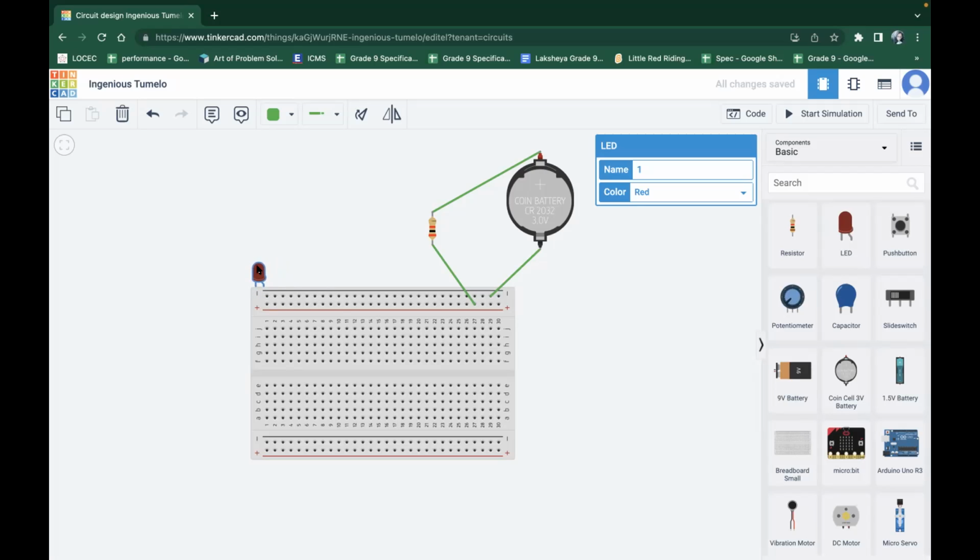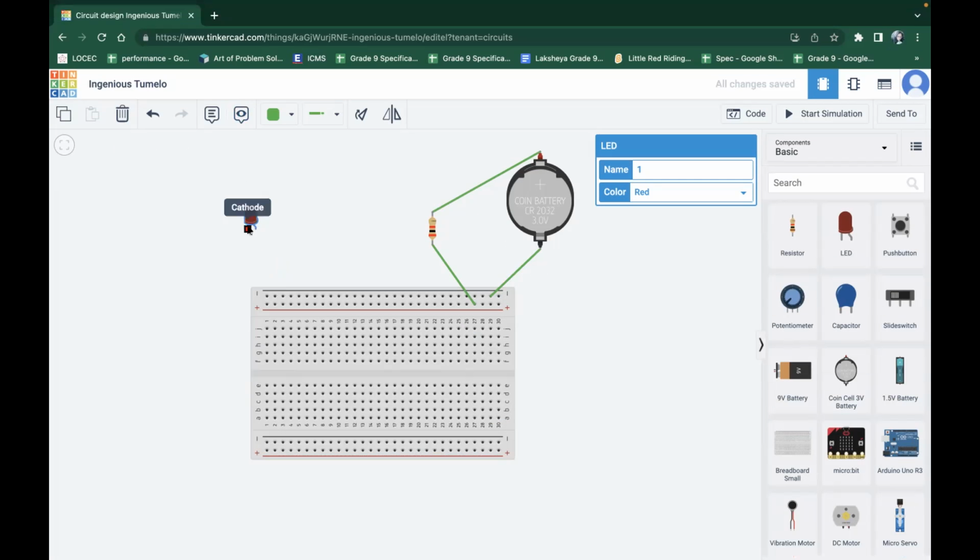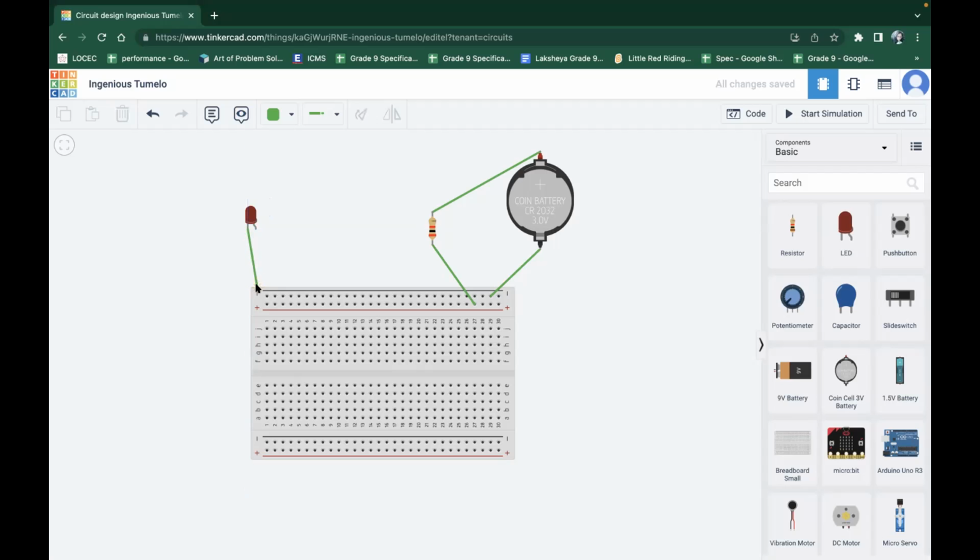Keep the bulb here, please. Now, can you see there are two pins? Click on the pin. That is cathode. Cathode is minus, anode is plus. Cathode, you have to connect to the minus. Please connect. Click and drag. Click there and then click on the minus node. No, click on the pin.